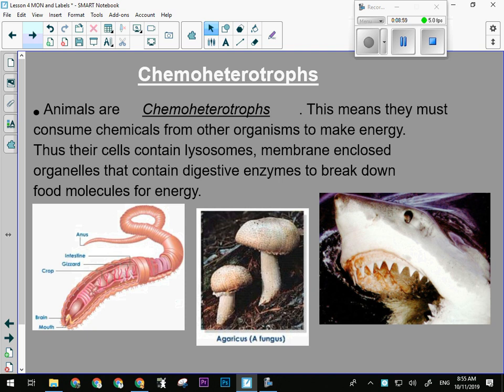Fungus, same thing. A fungus is actually a chemoheterotroph. It consumes organic molecules for food. Now, it obviously doesn't have a mouth. It's not chewing stuff. But under a microscope they look almost like a root system, which is why for such a long time they were incorrectly put in the plant kingdom. They bear a very strong resemblance to plants.